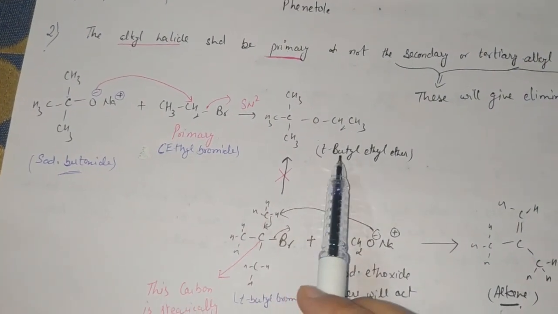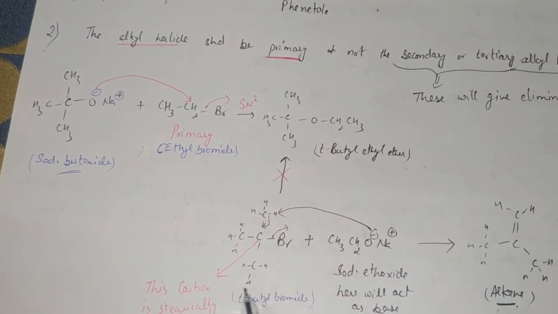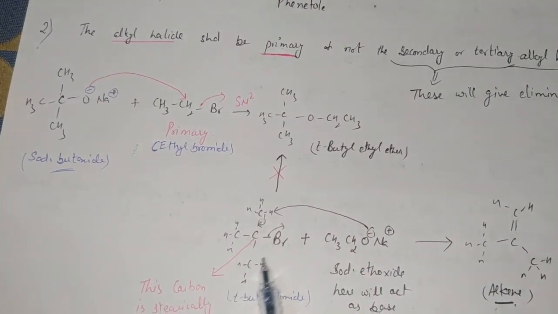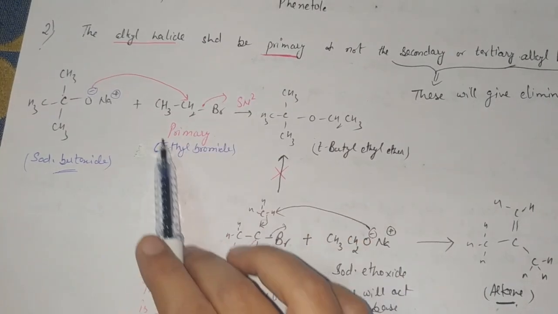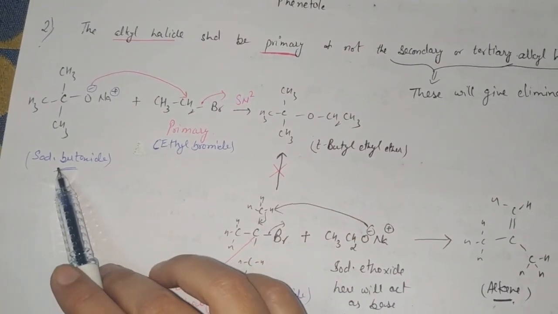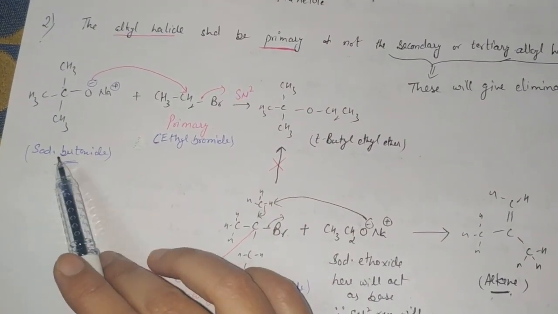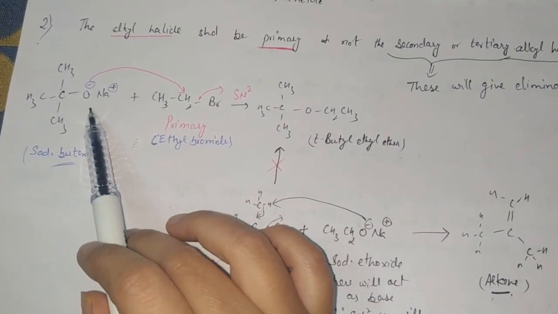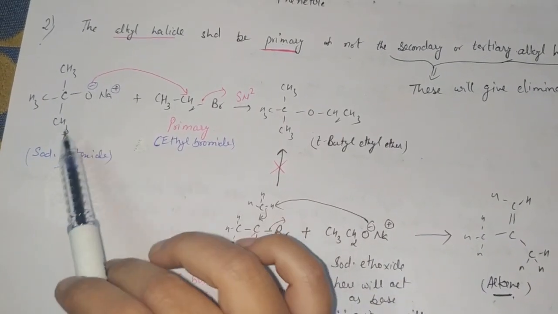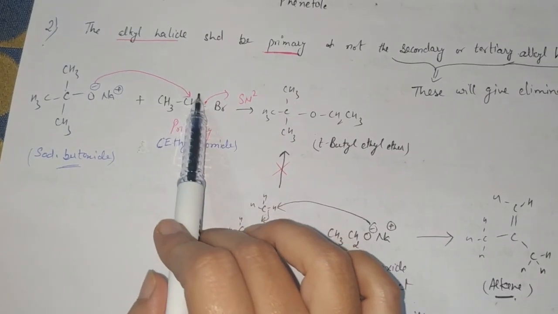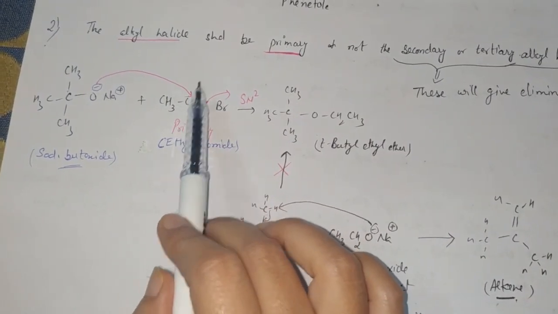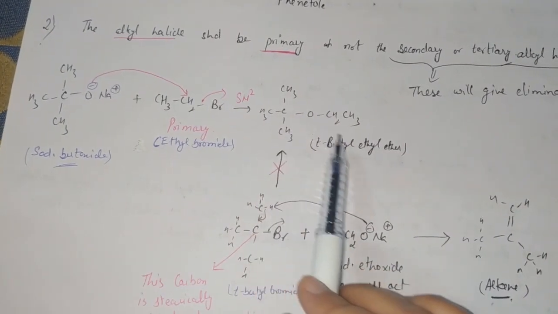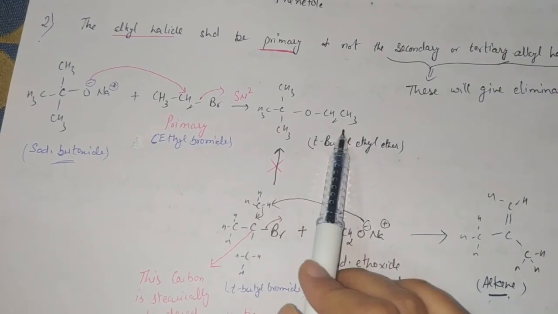So to prepare tertiary butyl ethyl ether, we can't use the tertiary halide. We will use the primary alkyl halide, and the second part is sodium butoxide. Here the O negative of this sodium butoxide will attack the less sterically hindered carbon to form the desired ether product.